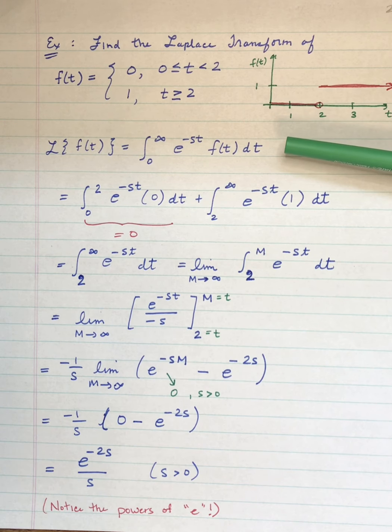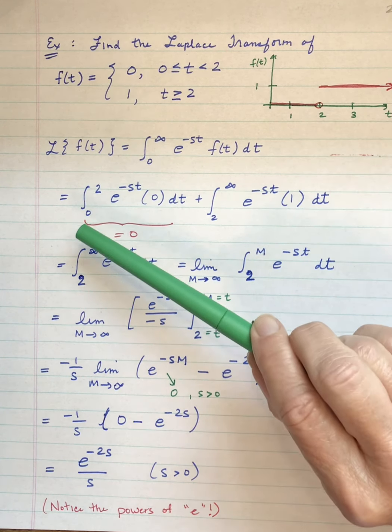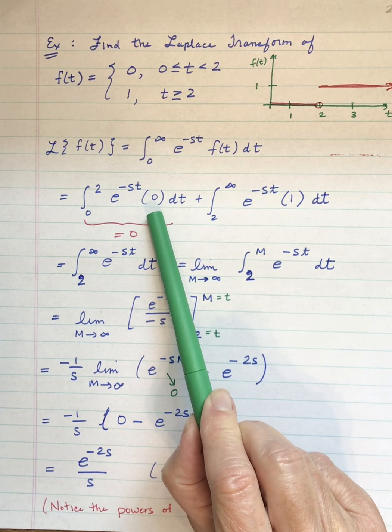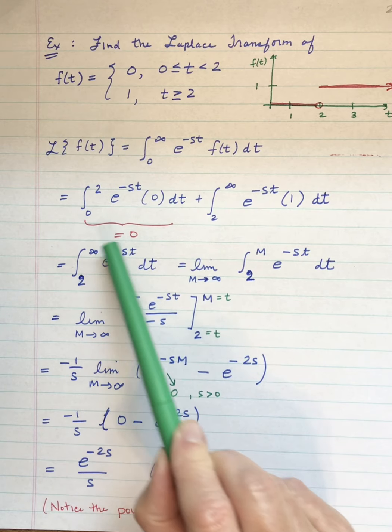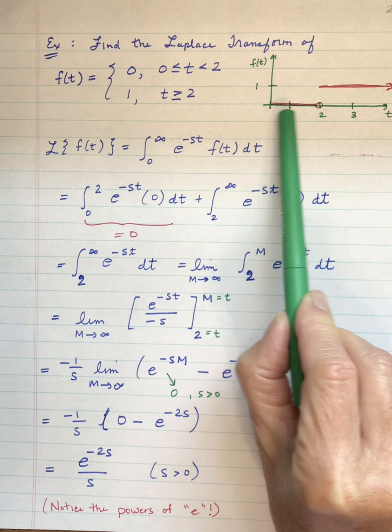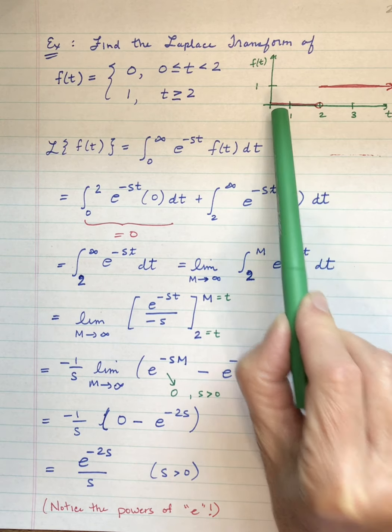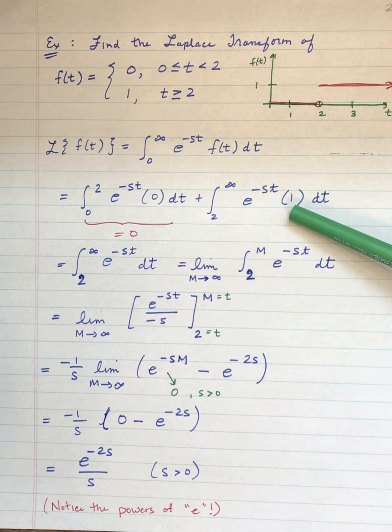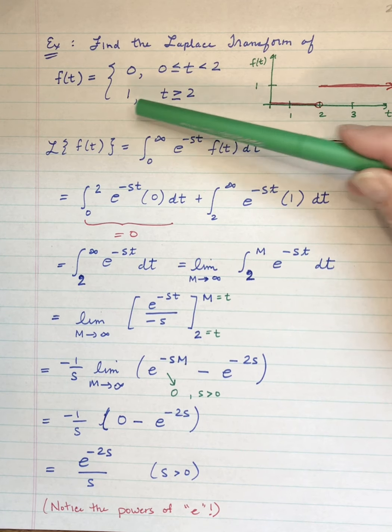Here's our definition again. We're doing the same thing. From 0 to 2, the value of the function is 0. So this first integral is 0 because there is no area under that curve. And then from 2 to infinity, little f of t is 1.